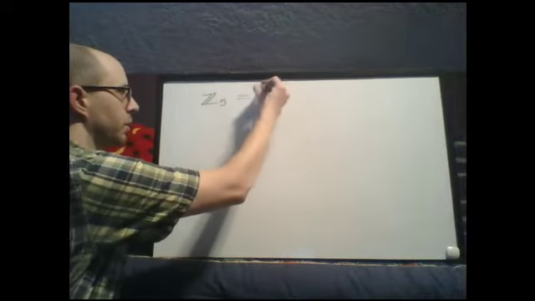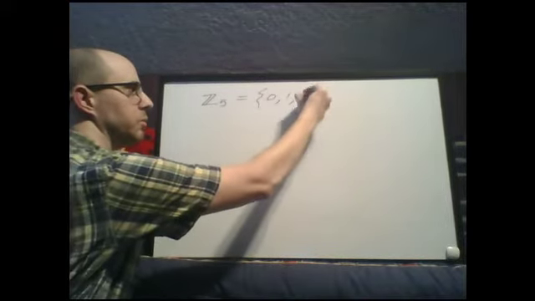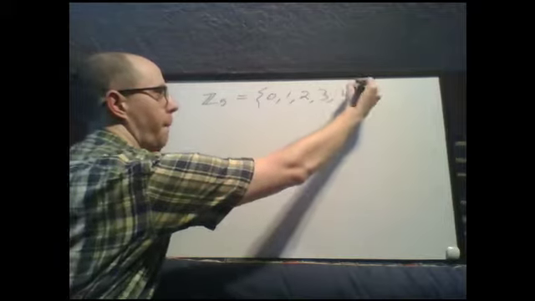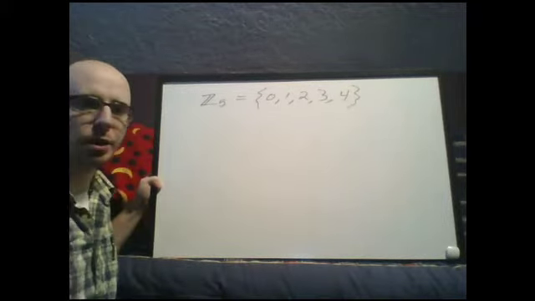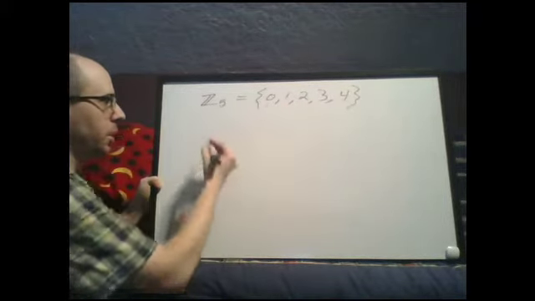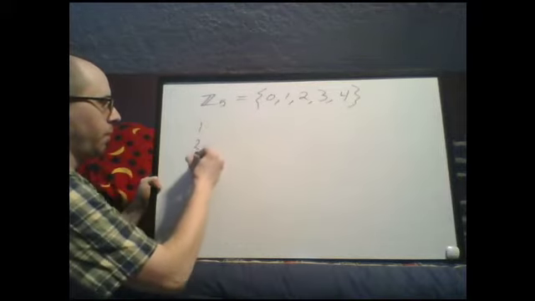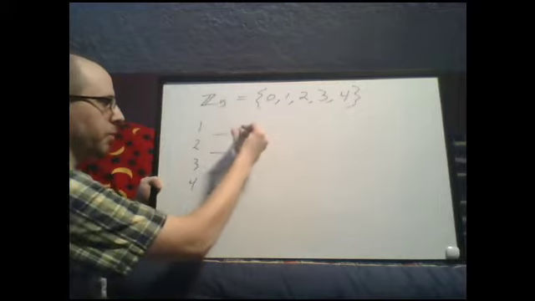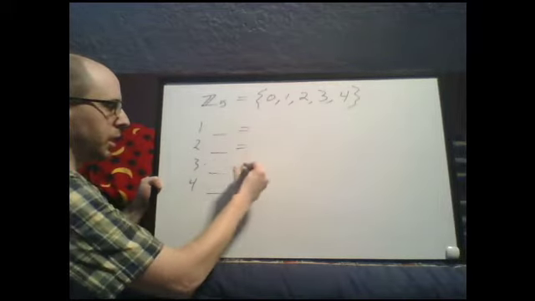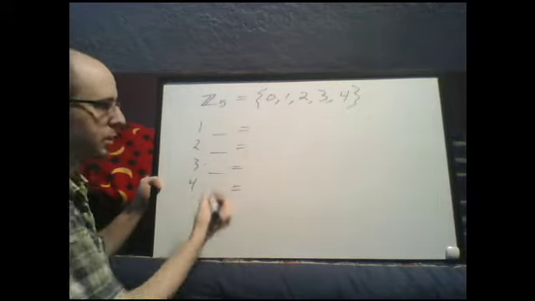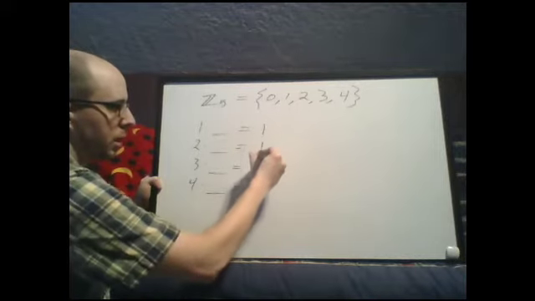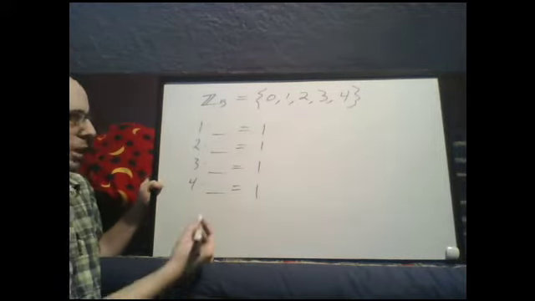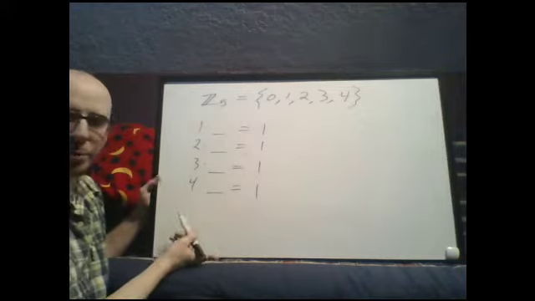So Z5 as a set, 0, 1, 2, 3, 4. So what I need to do is, for every element other than 0, I need to come up with an inverse for it. So something to multiply by to give me 1.